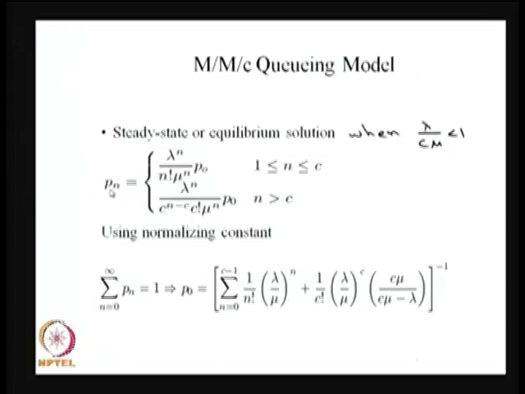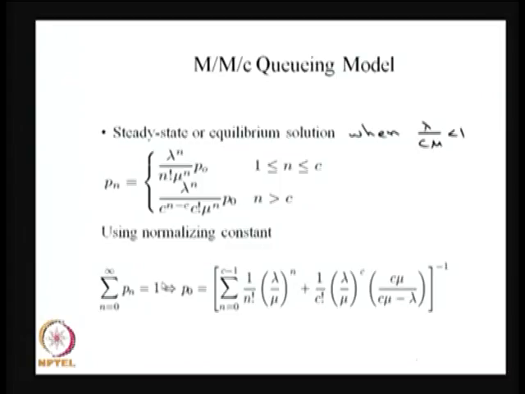Here, if you make a vector p and solve p Q equals 0, the denominator of p naught, that expression, converges only if lambda divided by C mu is less than 1. Therefore, whenever this condition holds, the queuing system is stable also. If you put C equals 1, you will get the M/M/1 queue.